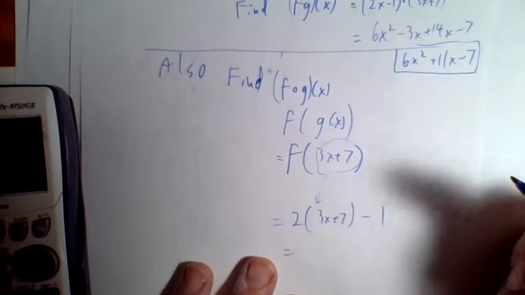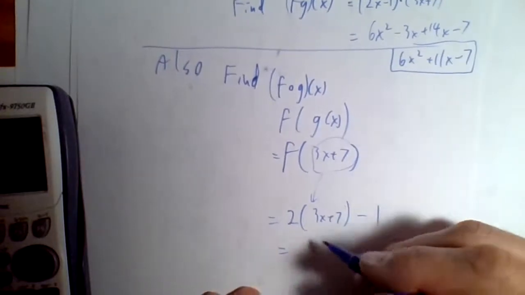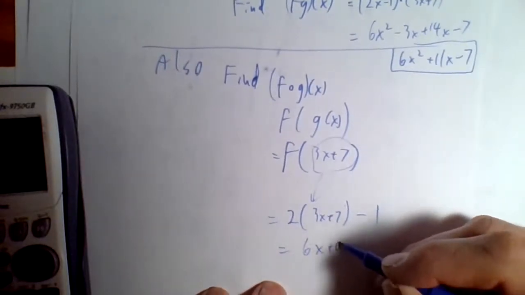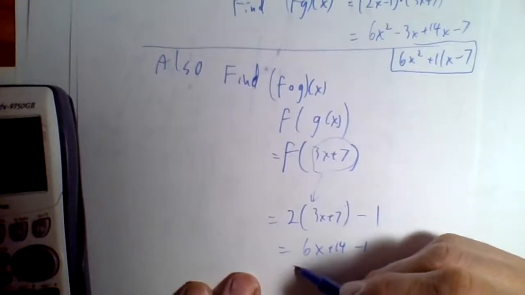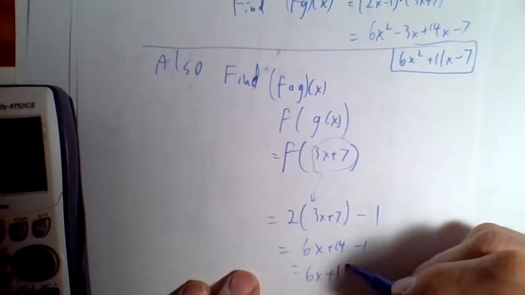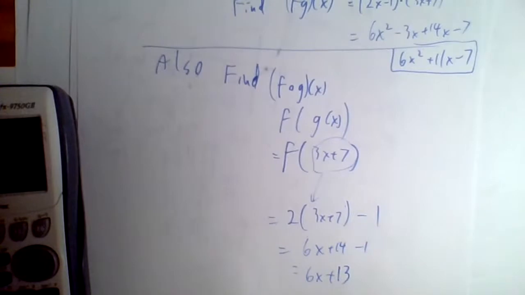So we can simplify a little bit there, but that's the expression you get from the composition. It's just 6x plus 14 minus 1. 6x plus 13 is f of g of x. Very different from the multiplying result. Different thing going on.